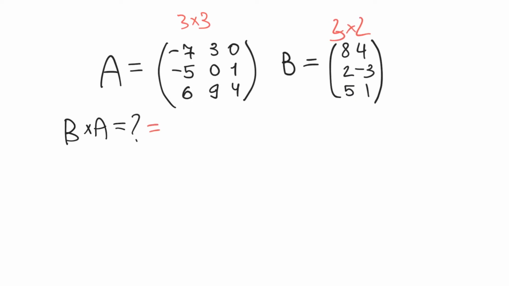So we're trying to multiply a 3 by 2 matrix by a 3 by 3 matrix. This does not meet the necessary condition because the number of columns here is 2 and the number of rows here is 3. So no, we cannot multiply B by A, but we can still multiply A by B.